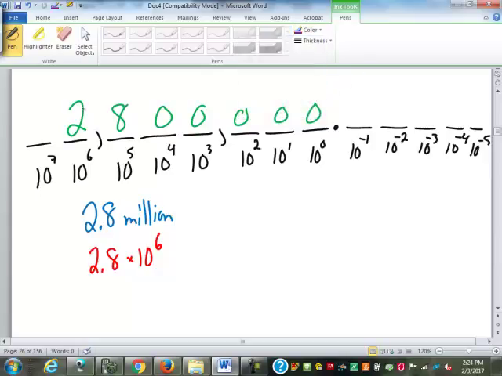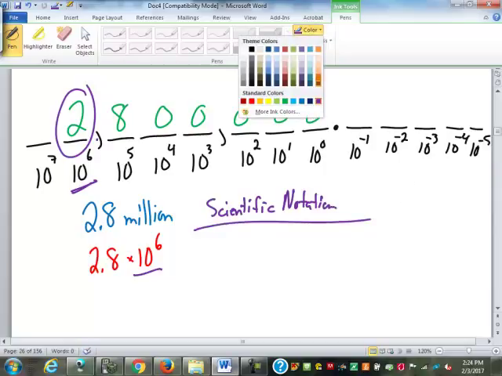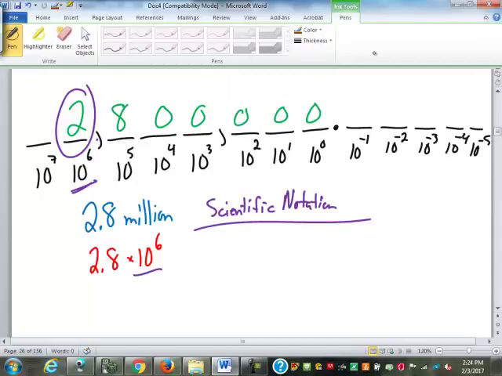So what we have done is we've taken that first digit, we've named its place value, the 10 to the 6th. Then we put the decimal point after that and express the rest of the number. This, of course, is our scientific notation. And this is actually why numbers are expressed the way they are in scientific notation: we are naming the place value of that first digit.